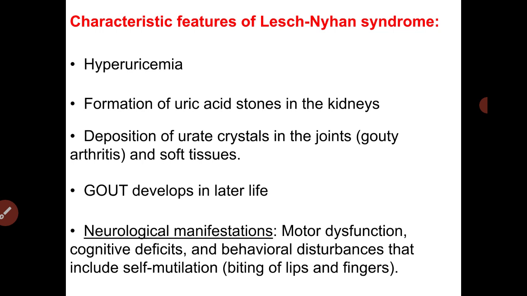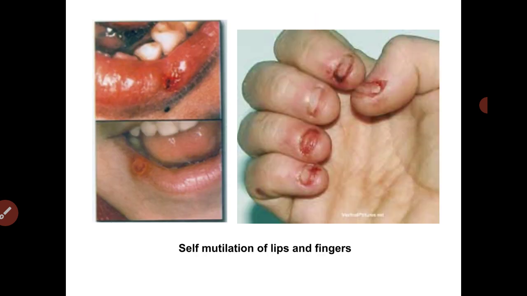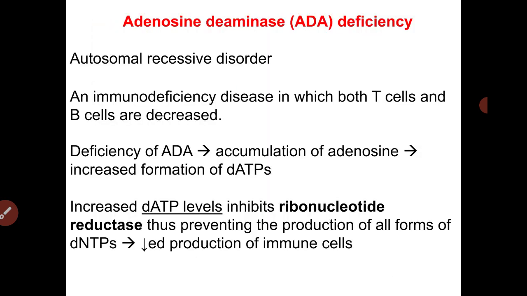When the enzyme of salvage pathway is deficient, that leads to neurological manifestations. Now you saw the causes for hyperuricemia, which is primary gout and the secondary gout, von Gierke's disease, Lesch-Nyhan syndrome.